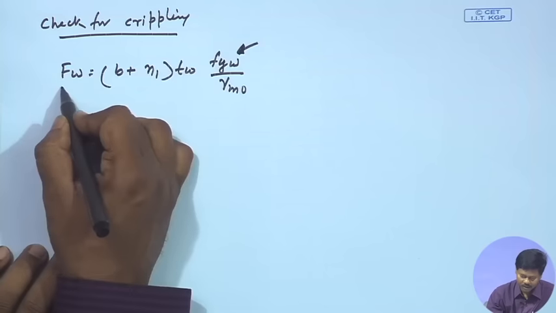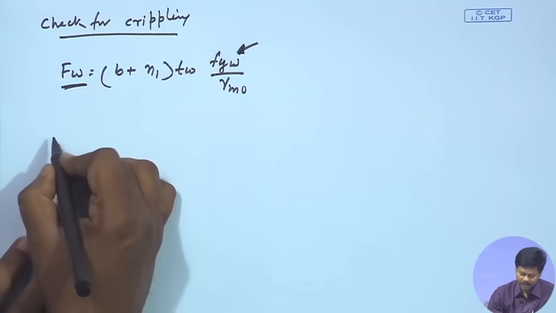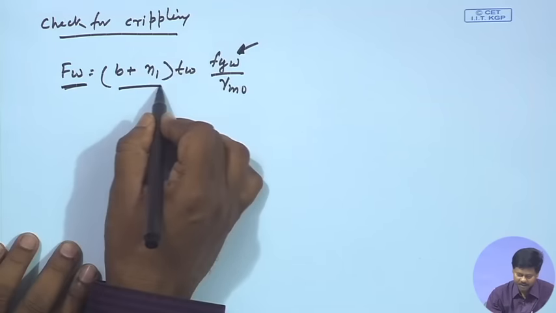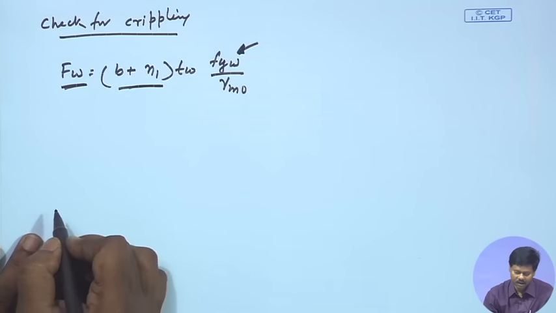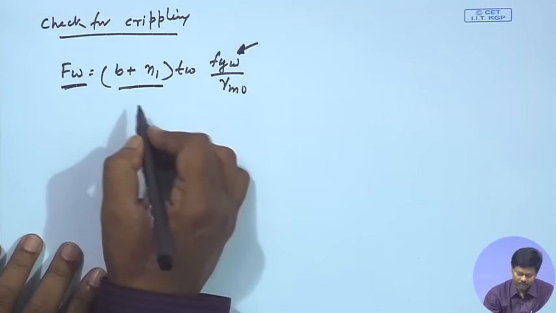Now, to find out the crippling strength, we have to find out the value of B plus N1. Now, B we know is given as 100 and N1 we have to find out.